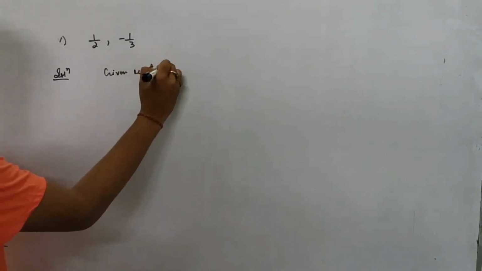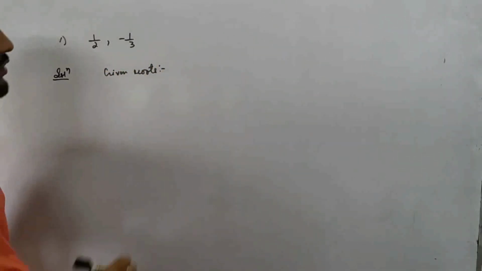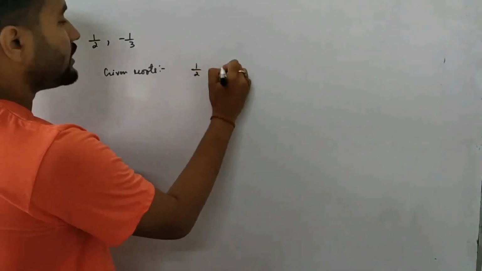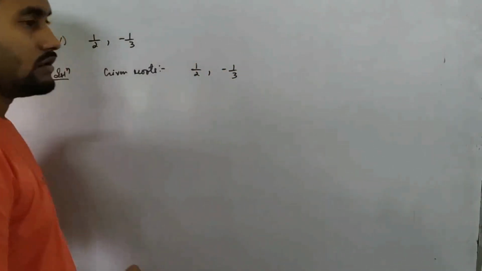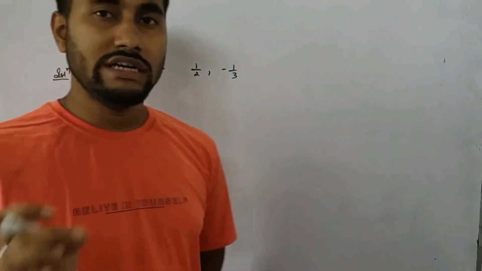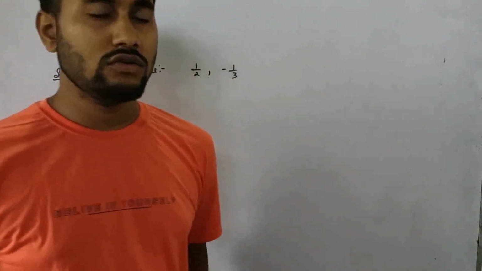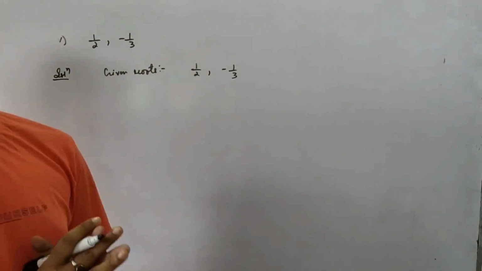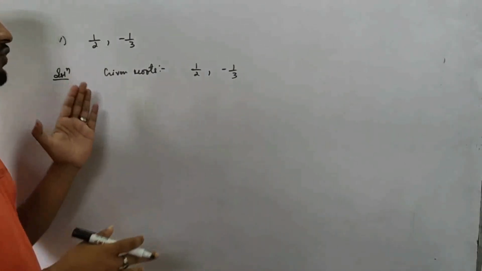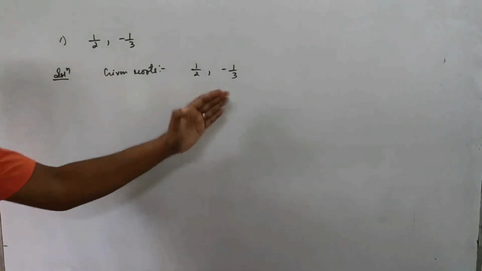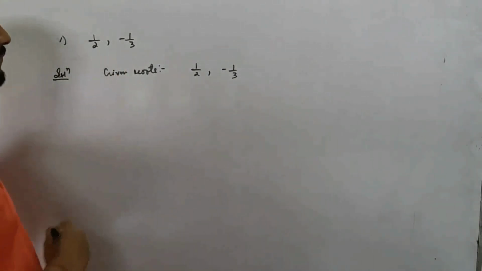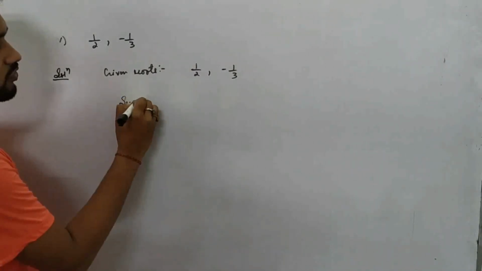In every question in the exam you write given roots 1 by 2, comma, minus 1 by 3. Don't give the examiner in HSLC any chance to deduct your marks. Then it is better if you do not do it directly.